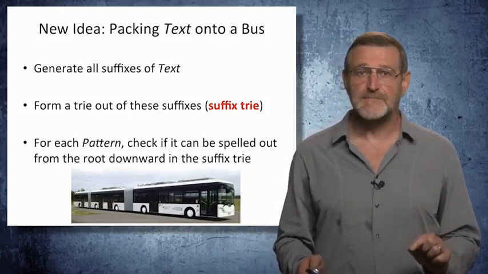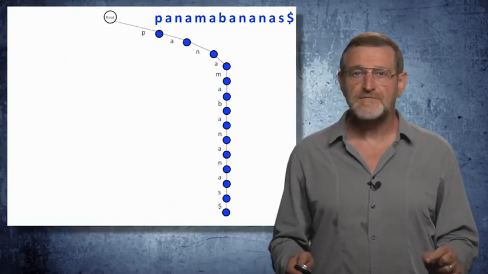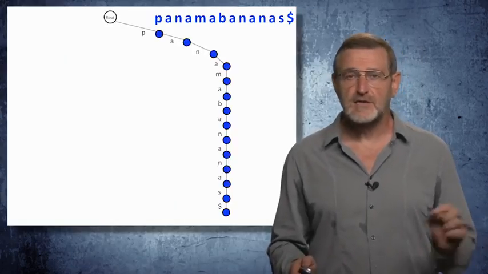Note that the trie we constructed has 30 edges. But in general, the number of edges for a trie is O of the total length of the patterns. And for the human genome, the total length of the patterns will be in trillions.